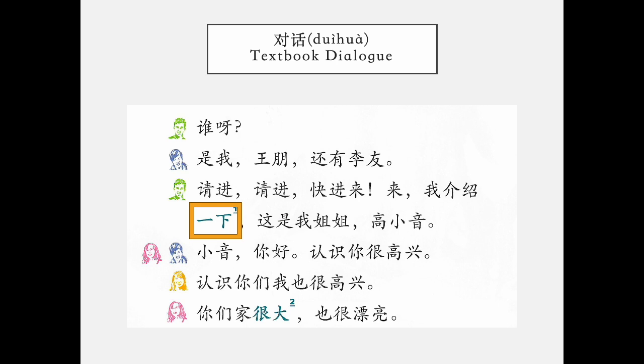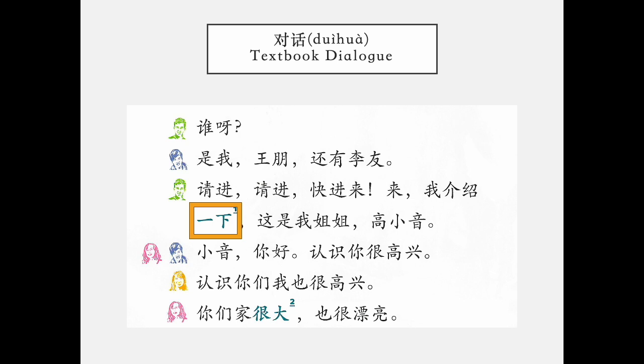Now let's move on to look at the first grammar point that we'll focus on in the next class session. The first grammar point you can see here on your screen with the orange arrow is 一下. In the sentence here he says 请进，请进，快进来，来，我介绍一下，这是我姐姐高小茵.